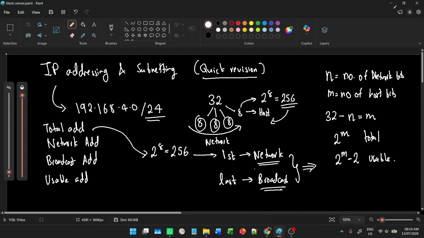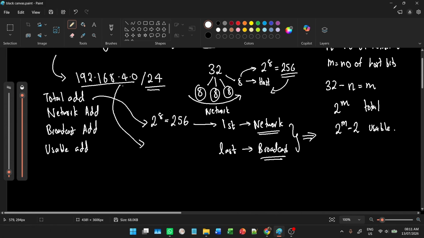So what is the network address of this? Well, the network address of this is, as you can see, the very first address that we can use. So this is the network address for this specific IP. What is the broadcast address? Well, we have to find the last one. Now you might say, okay, the last one is obviously 192.168.4.256, right?